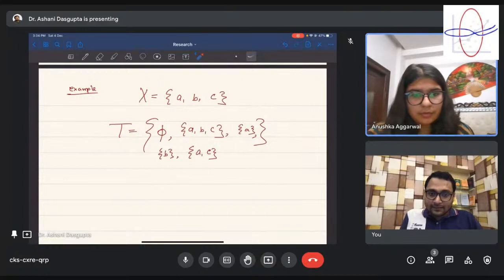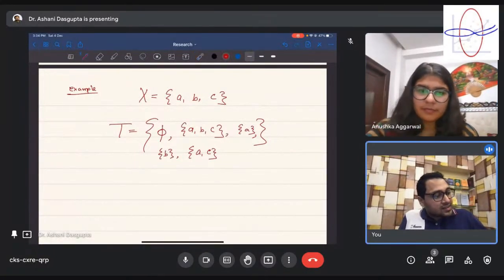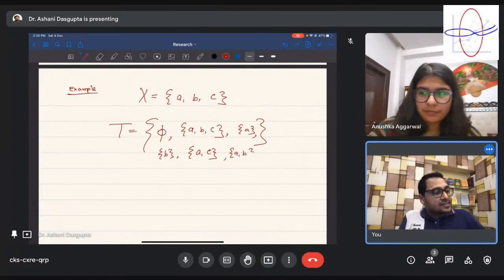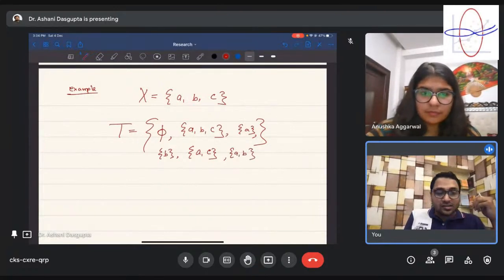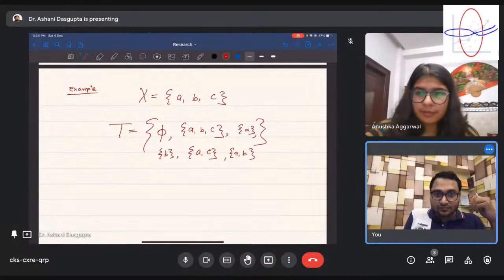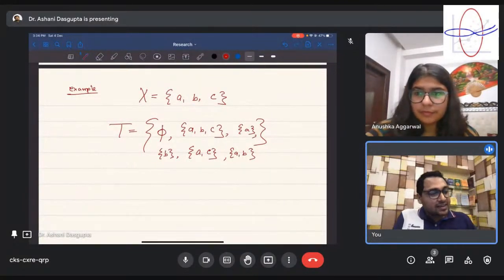No, it is not. A and B, AB should be there, isn't it? Okay. So is it now a topology if I put AB in there? Yeah, it is a topology, right?